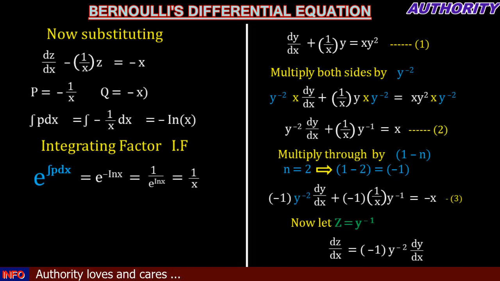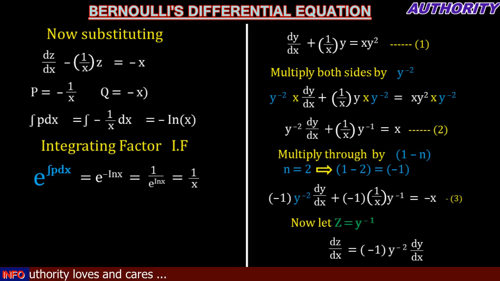Solving for z. Now, the same procedure we used in solving linear differential, where we say y multiplied by the integrating factor equal to the integral of q multiplied by the integrating factor dx, is the same, but the only thing that changes is y changes to z.